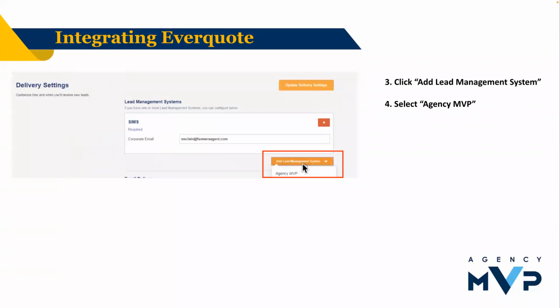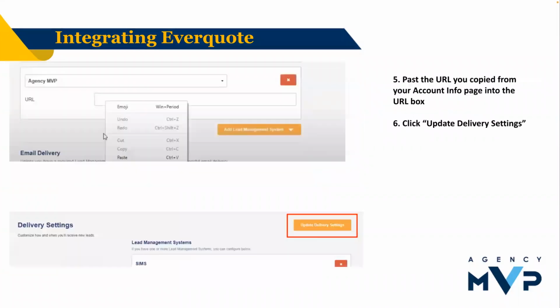In your delivery settings, you are going to add lead management system. And then from the drop down, select agency MVP.